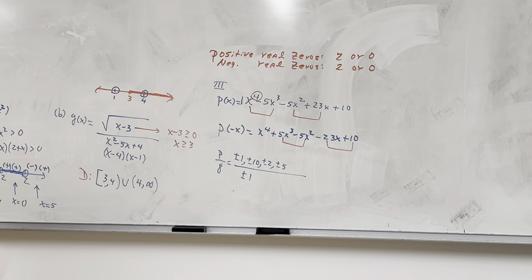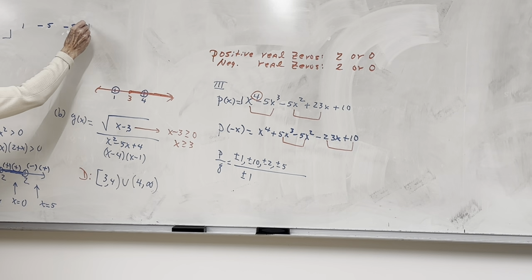Now, this is where it gets a little tricky. Does anyone have a favorite coming out of those possibilities that maybe by synthetic we can test? And maybe it will work when I set it up. Let's try 2. So let's see, 1, negative 5, another negative 5, 23, and a 10.